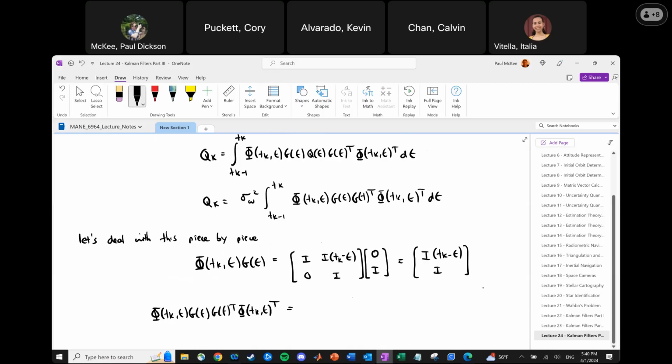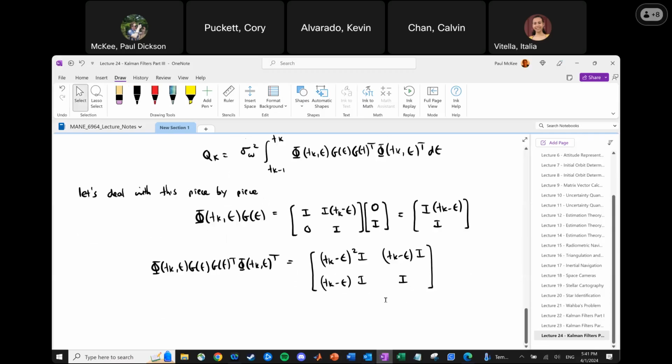And if we skip some steps, and you'll need to take my word for it a little bit, this works out to tk minus epsilon squared times the identity matrix, tk minus epsilon times the identity matrix, tk minus epsilon times the identity matrix, and the identity matrix. Now, this is the interior of the integral. Now, we still need to integrate this, but we can consider each of these terms separately.